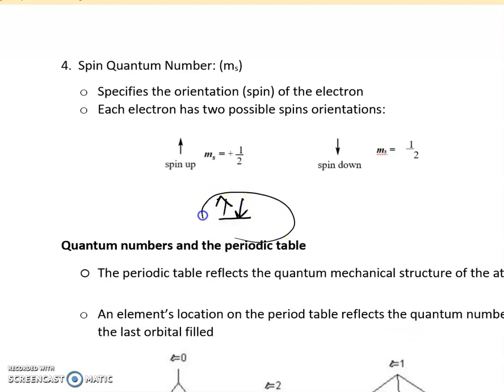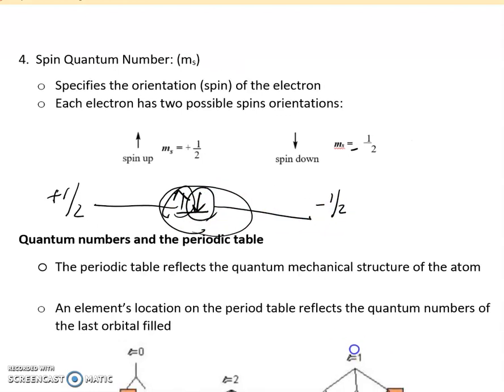We'll talk more about what this means in the next chapter, or with the orbital diagrams. But here we assign values to these. Our m sub s has to be plus half for spin up, and for down, it didn't show it, but this should be minus half. So going up would be plus half, and this pointing down arrow would be minus half. They would have to have opposite spins.